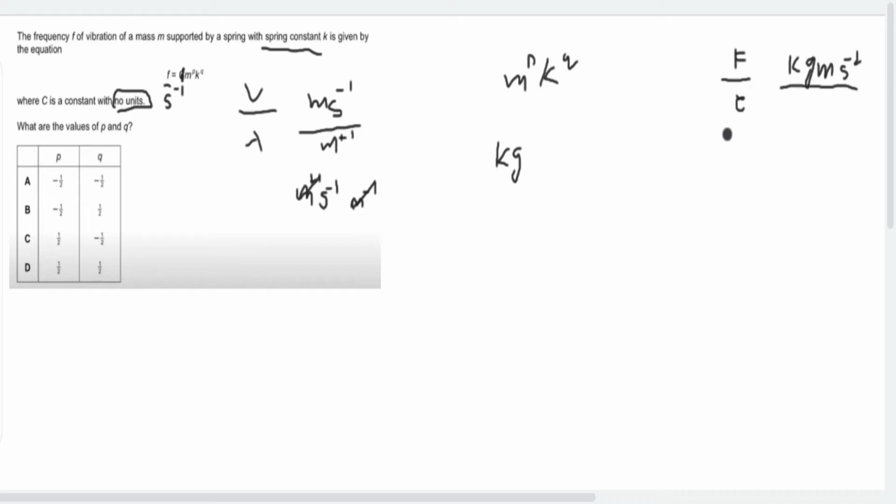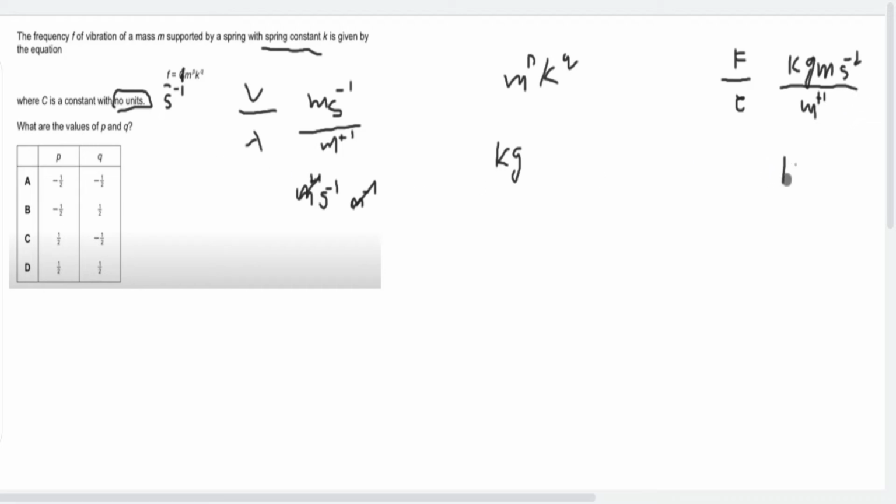We know that extension is the measure of length or distance, so extension will have the SI base unit of meters, with the positive 1. When this m with the positive 1 goes up, it becomes m negative 1.